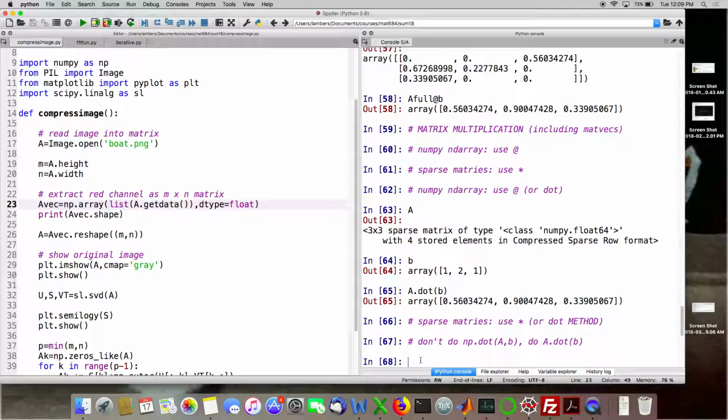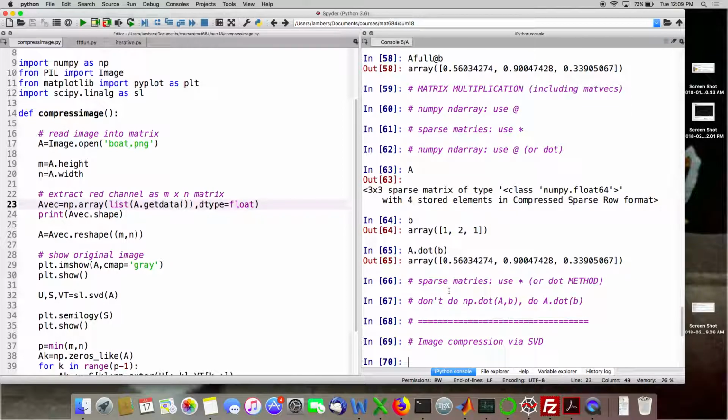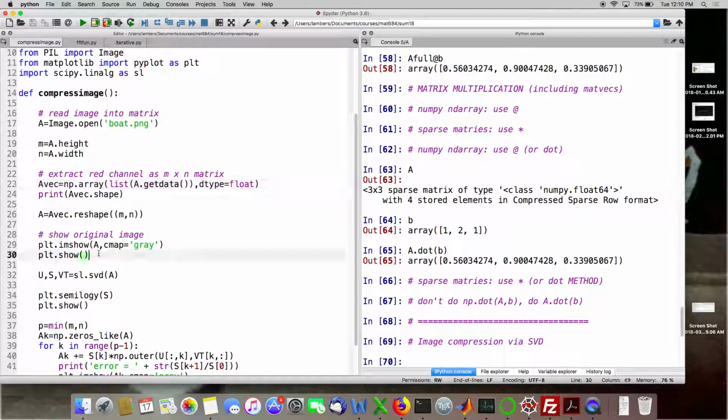If I were to print this out, it would show me that it was just the length, the width times the height number of elements, and then I can go ahead and display that.